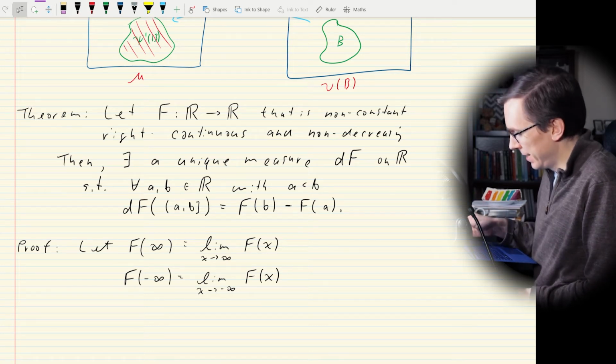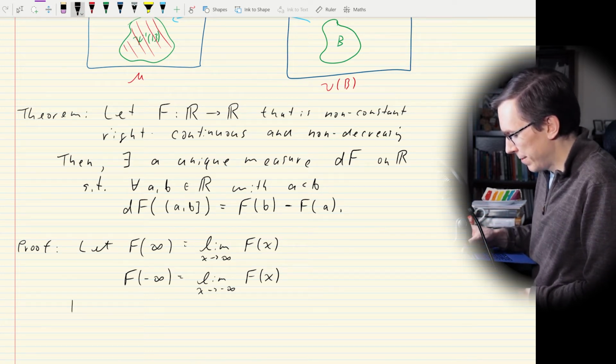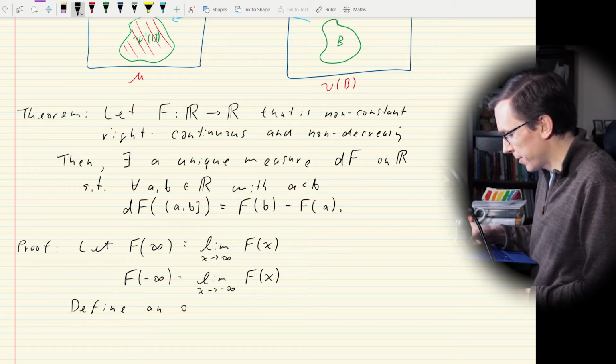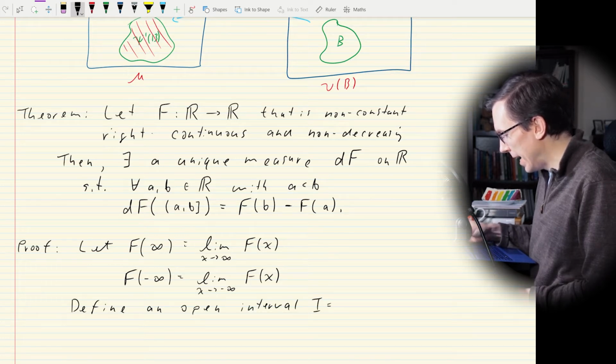And now we define an open interval I, where I is going to have one endpoint at F of minus infinity and the other endpoint at F of plus infinity.